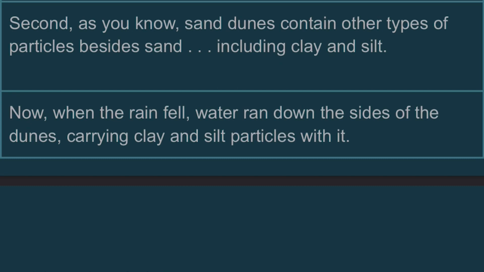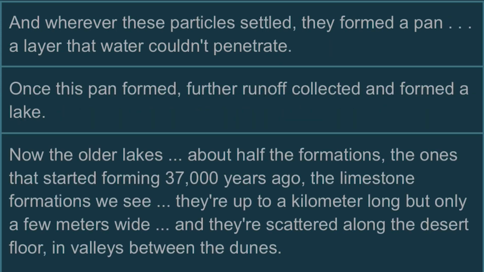Now, when the rain fell, water ran down the sides of the dunes, carrying clay and silt particles with it. And wherever these particles settled, they formed a pan, a layer that water couldn't penetrate. Once this pan formed, further runoff collected and formed a lake.